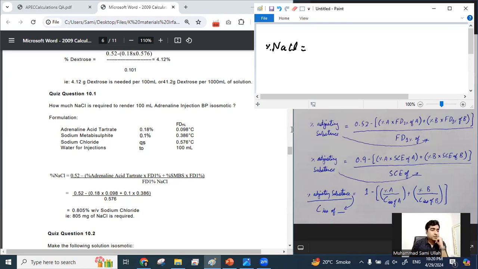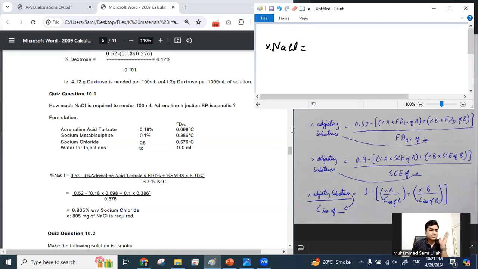Now, in the first question I have selected, they have given the value of this FD 1%. There are two substances, adrenaline acid tartrate, with this percentage in the substance and this FD 1% value. Second is sodium metabisulfite. And the third thing is sodium chloride quantity sufficient, which we are already adding.